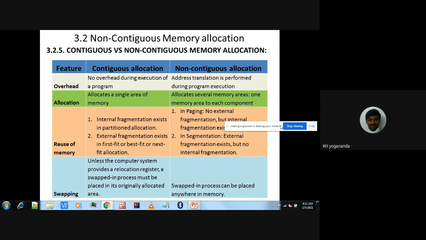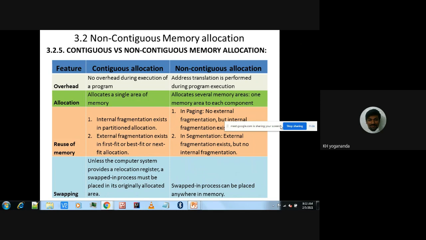For example, in contiguous memory allocation, a process is allocated memory area X, and it is swapped out from memory X. When it wants to be swapped in again, the memory area X should be free. It cannot be swapped into any other memory area Y or Z. It should be swapped into the memory area X.